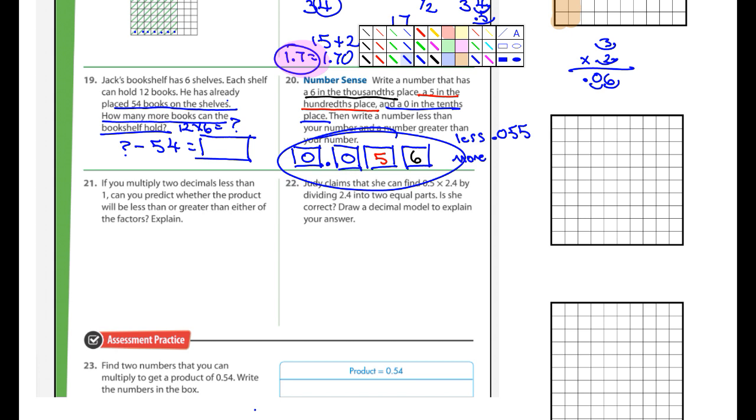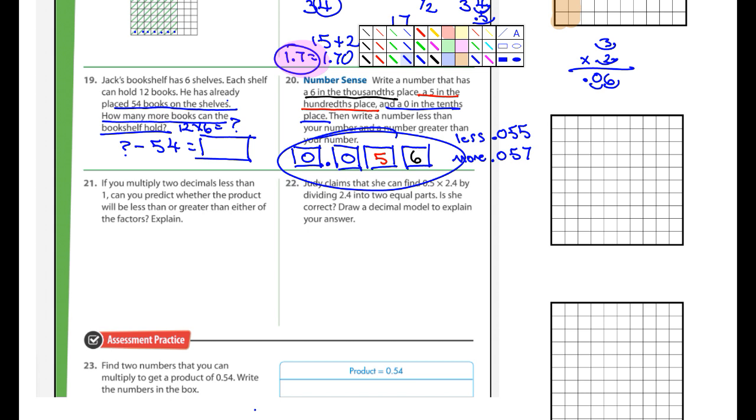What would be one number that would be greater than 0.056? How about 0.057? That would work. And there's an infinite number of answers you could put for these as long as it's bigger than 0.056 or less than 0.055. But there you go.